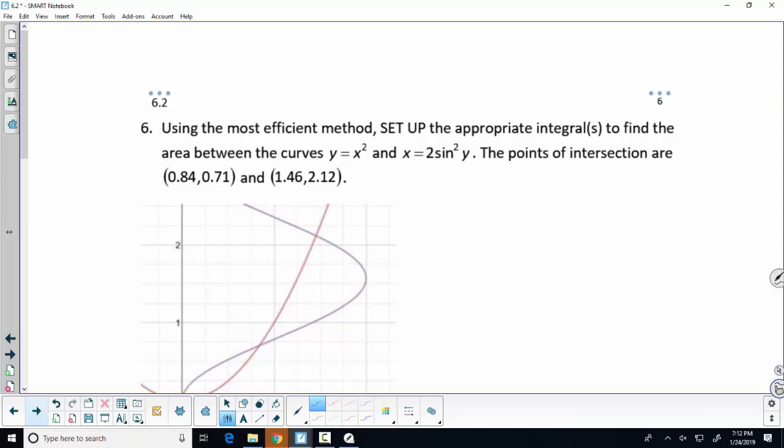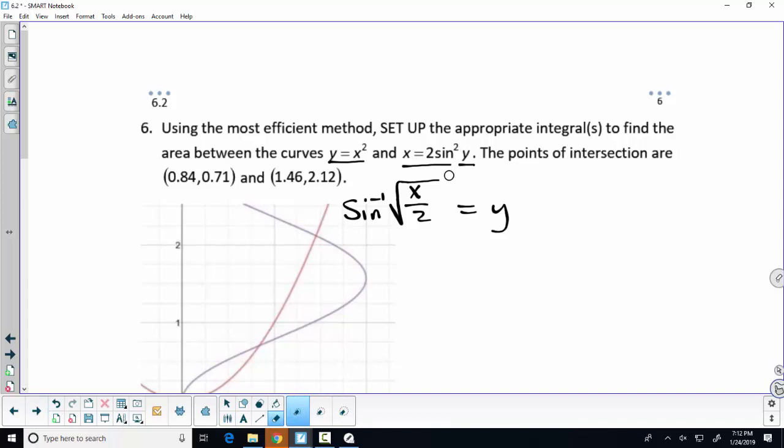But if I were to solve this equation for y, then I have x over 2, I take the square root, and then I take the inverse sine of that so I can get y. Do I want to integrate that? Probably not. So this is another example where, seeing what it looks like the other way around, we might want to just stick with this as a function of y, so integrate with respect to y. Is that clear? It really just depends on the situation. Okay.